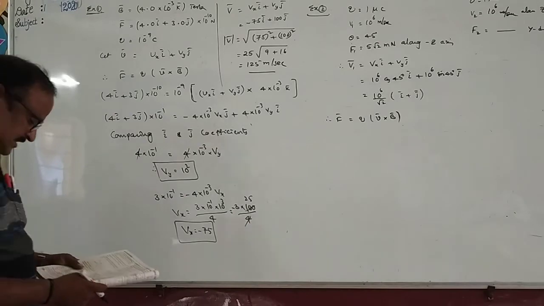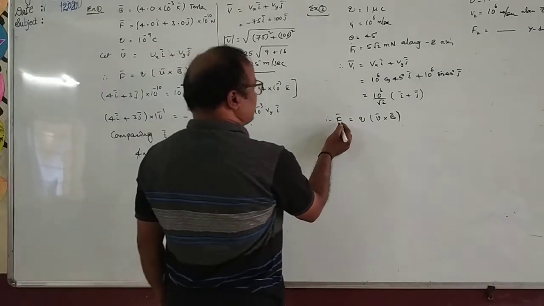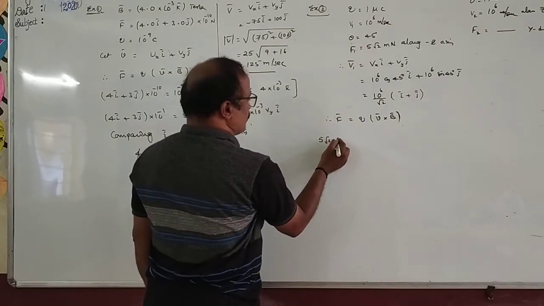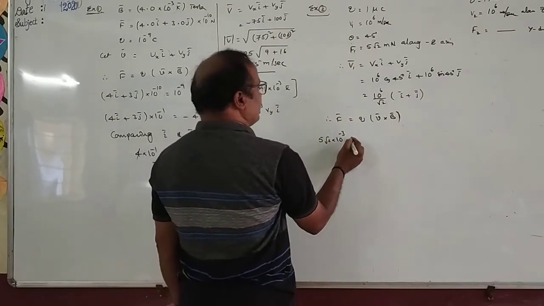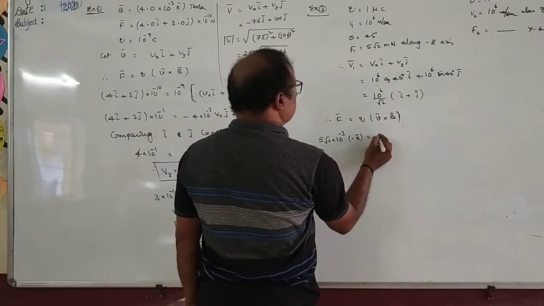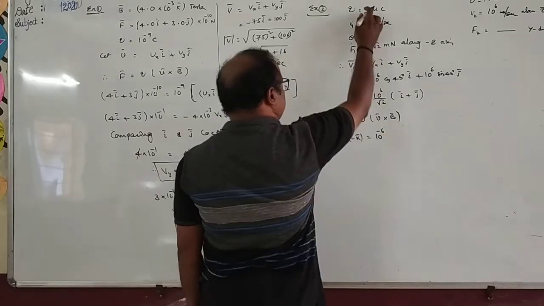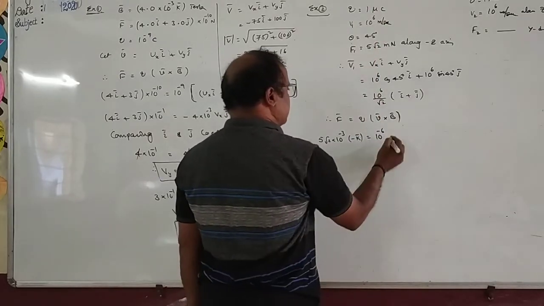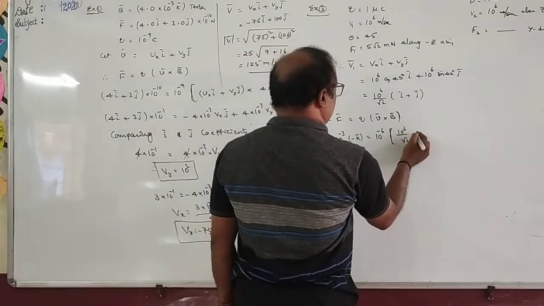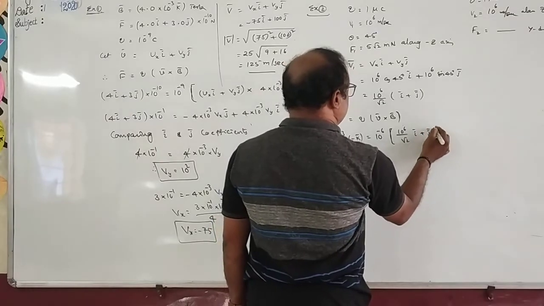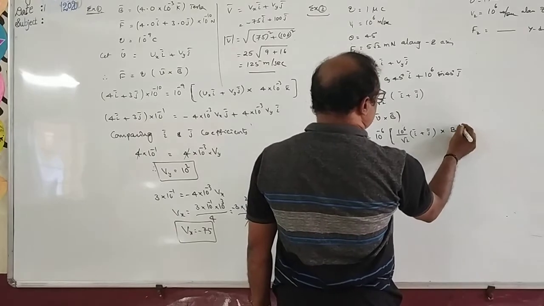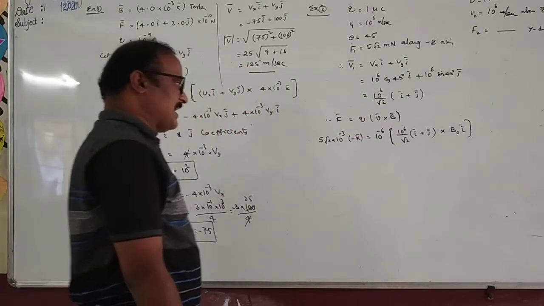So it is represented as: F bar is equal to 5 root 2 into 10 power minus 3 newtons along the negative z-axis, minus k bar, equals Q, which is 1 micro, 10 power minus 6, into V bar, which is 10 to the power 6 by root 2 into (i bar plus j bar), cross B naught into i bar, taking the magnetic field as B naught i bar.